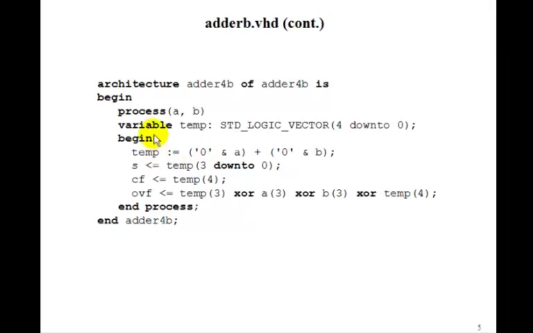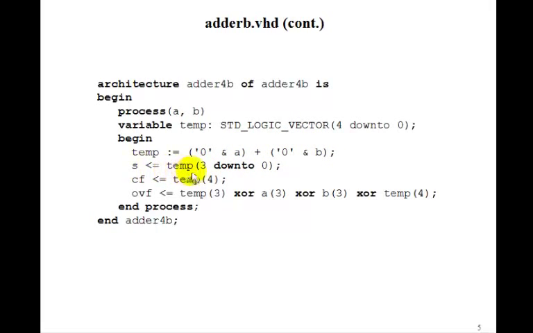So we define a variable temp, standard logic vector 4 down to 0. And then we define temp, and remember colon equal for variables, is a 0 prepended to A and a 0 prepended to B. And so the temp is just the sum of this, in this case, 2 5-bit numbers.